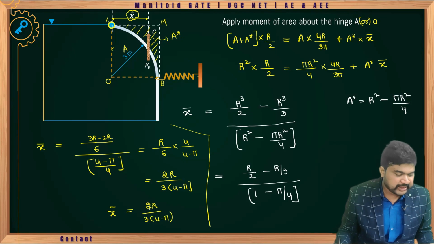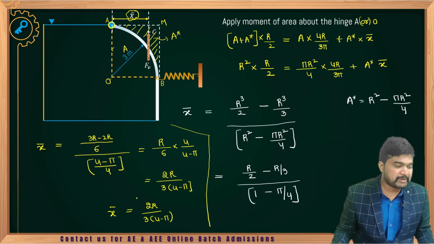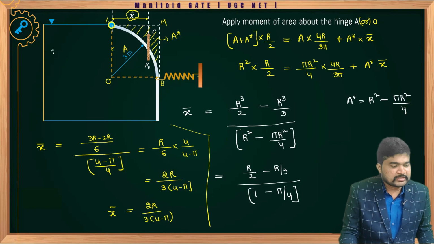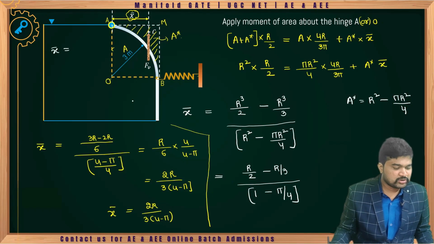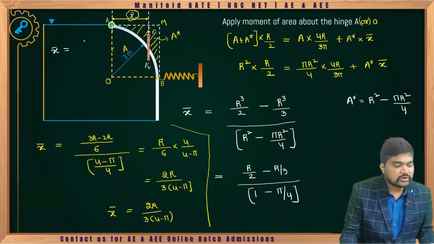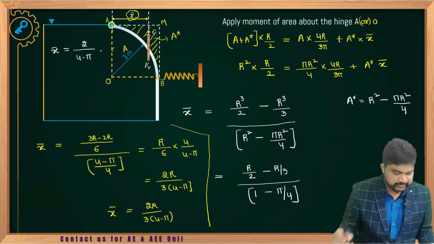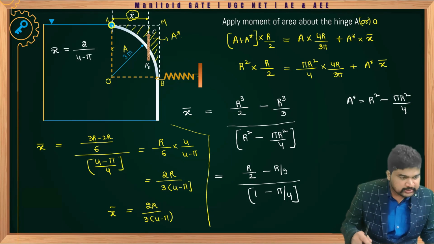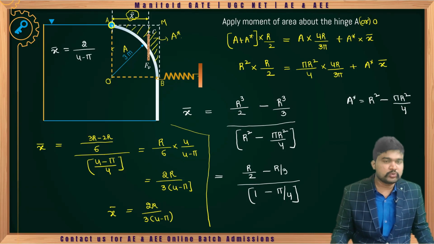Into 4 minus pi. R is equal to 3 meter. That is why, finally, what is X bar? X bar is equivalent to, R equals 3 meter, so 3 gets cancelled out. 2 by 4 minus pi, into 2, so 2.3298.